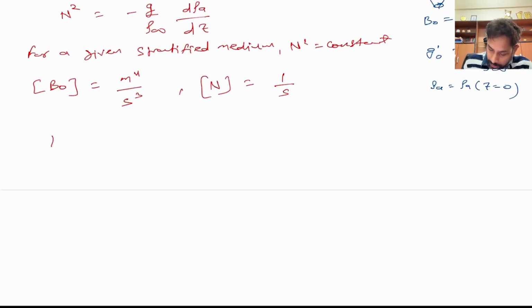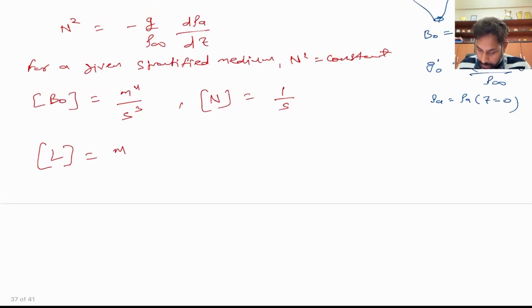So for L, we all know that the unit of L must be meter. Here we are using only B naught and N. To be able to get meter from B naught and N, we must divide B naught by N cube. That will cancel the s cube from B naught, and now B naught has m to the power 4.